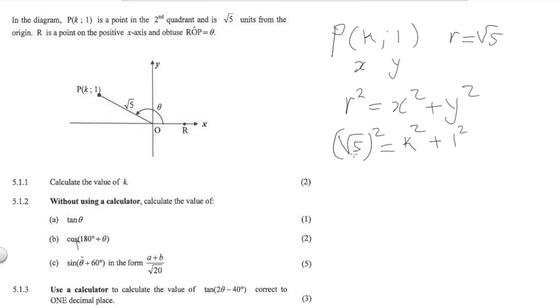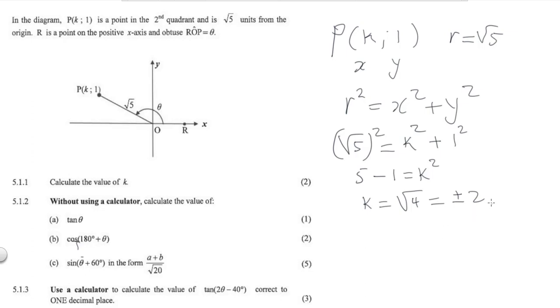Square root of 5 all squared gives 5, and 1 squared is 1, so 5 minus 1 gives k squared equals 4, so k is plus or minus 2.